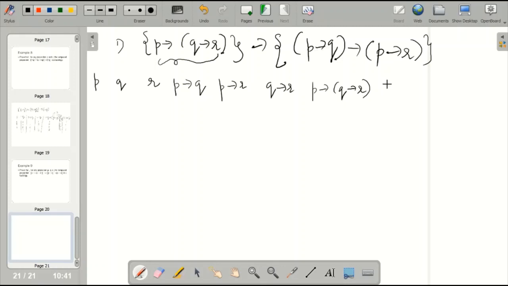Then finally we need (P conditional Q) conditional (P conditional R).